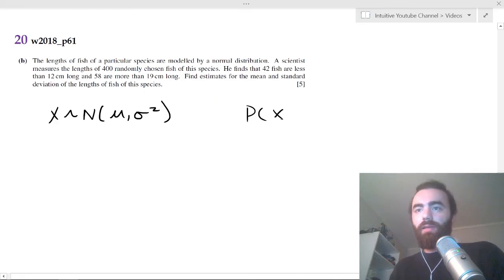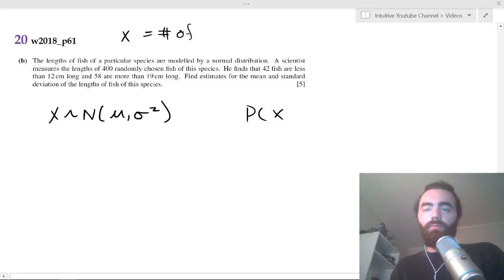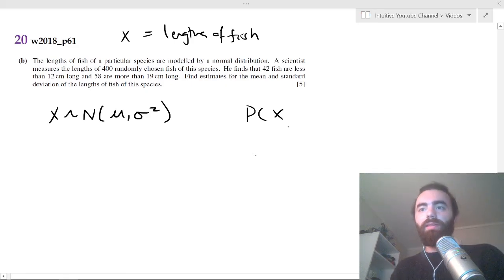So that means the probability, x, remember x is the lengths of fish, right? So random variable, and the probability that the length of a randomly selected fish is less than 12.